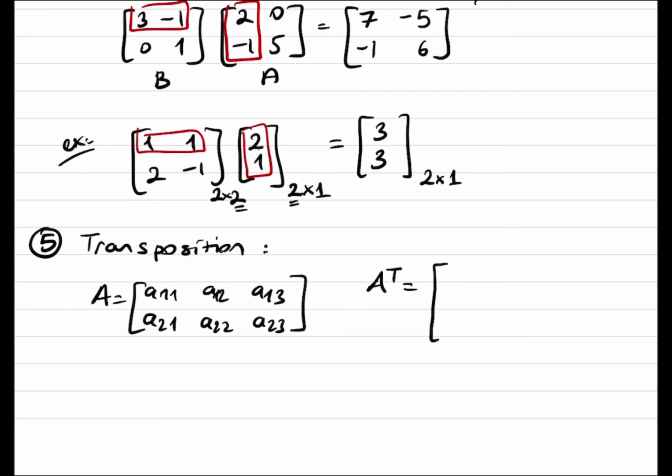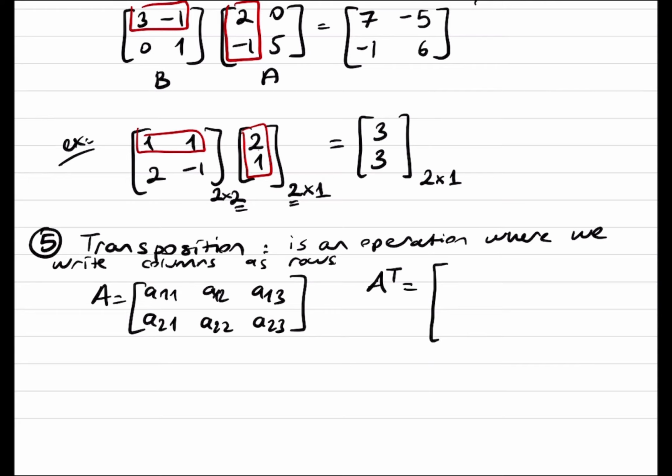So transposition is an operation where we write columns as rows.